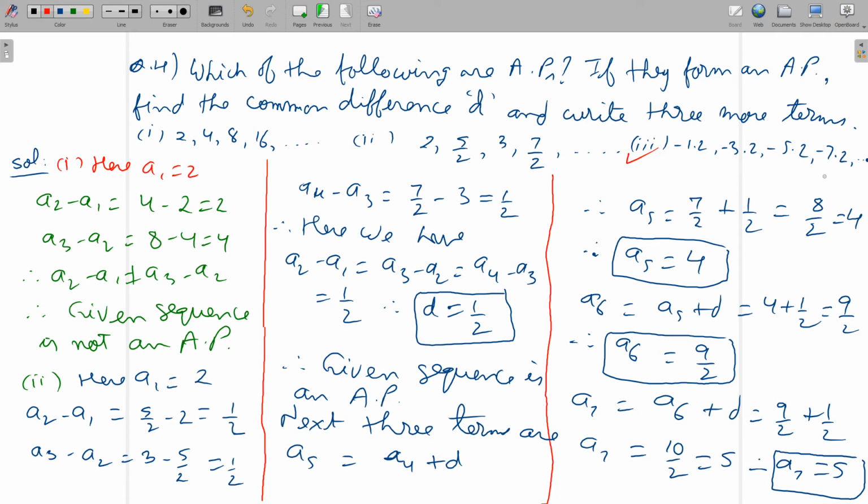If the difference is constant everywhere, that is, the difference between the second and first term, then third and second term, and fourth and third term, then it will be an AP, and the difference will be D, and A1 will be minus 1.2, and then you can easily write the next three terms by using the same formula as here I have given. A5 will be A4 plus D, A6 is A5 plus D, and similarly A7 will be A6 plus D.